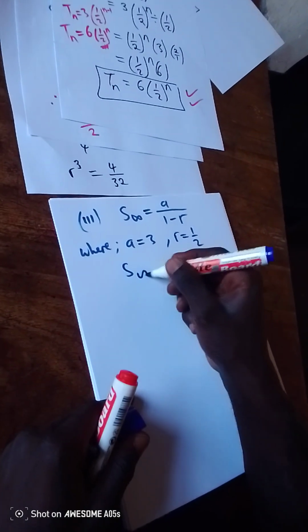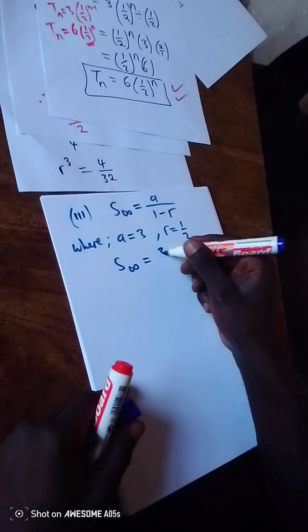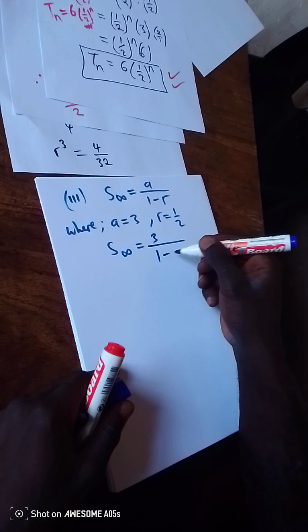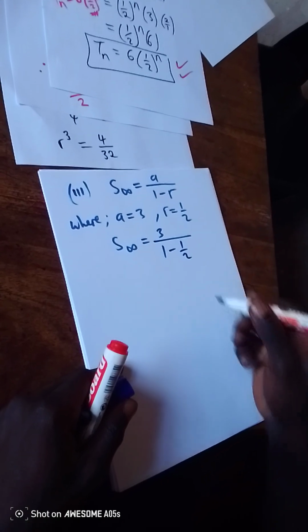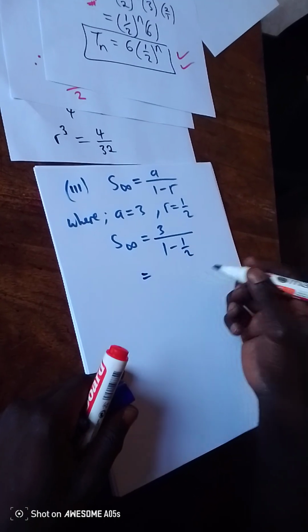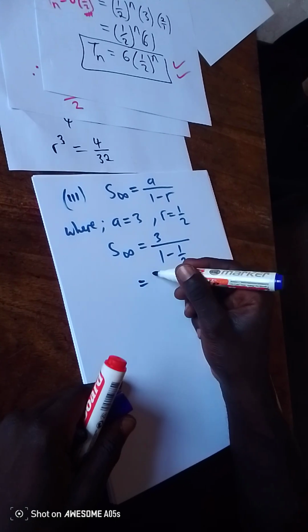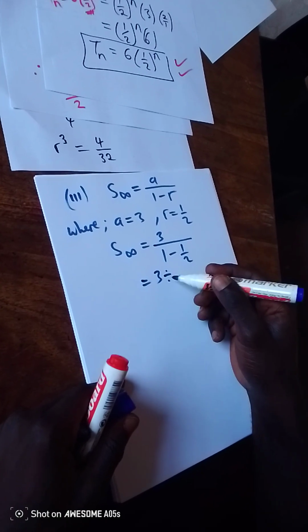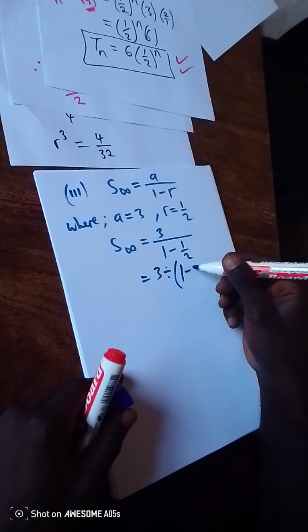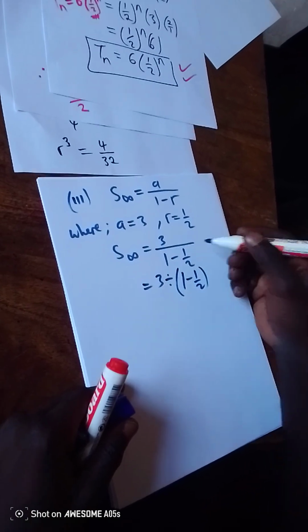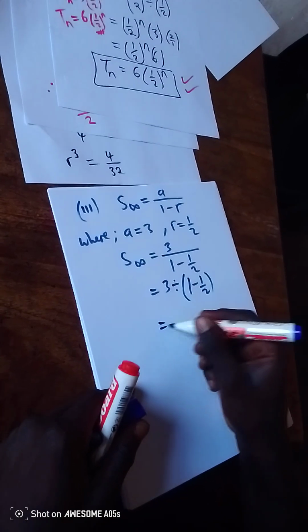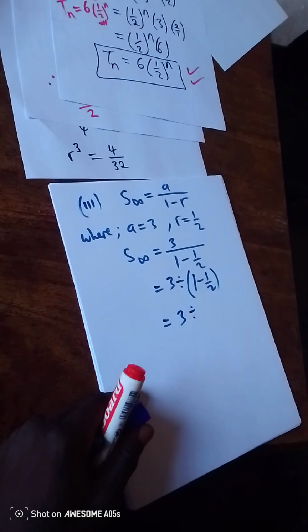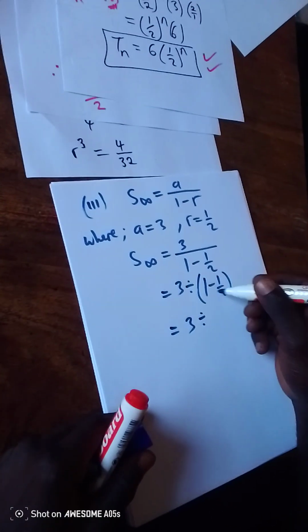So sum to infinity equals, our a is 3. I understand it should be like this, but for the sake of being fast or avoiding mistakes, I like using division. If there is an over, I will say division, then whatever is down, I'll put in brackets, and on the other side it is the same, because this is the same as division. Then from there it will be 3. I will maintain this and then say, remember the shortcut in the silent video?